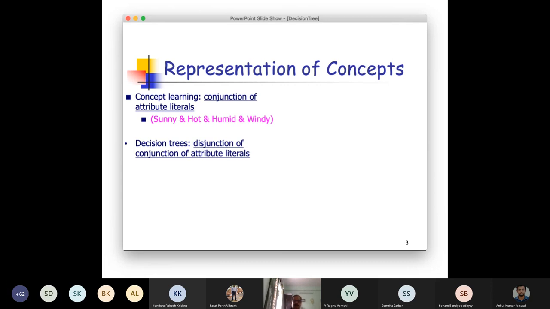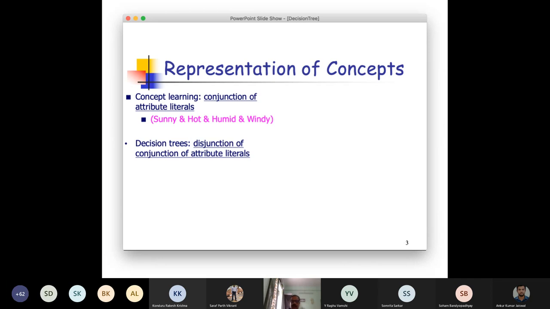So if we consider another kind of representation, decision trees will give you that power of representation where any kind of Boolean expressions with these attribute literals will be possible to realize.